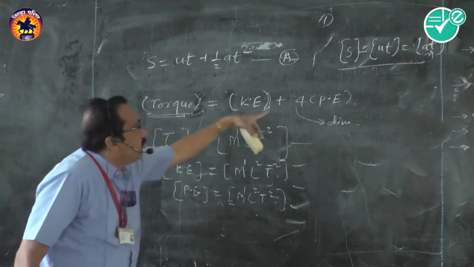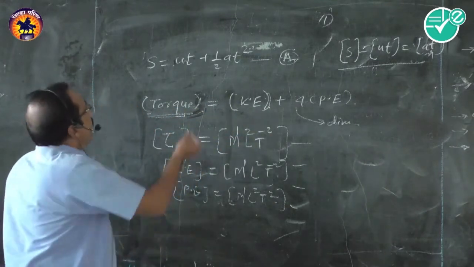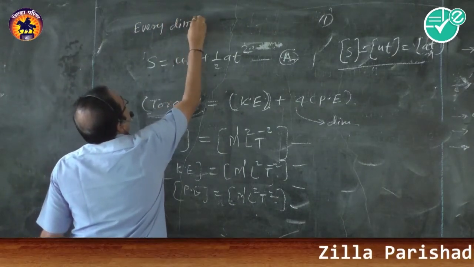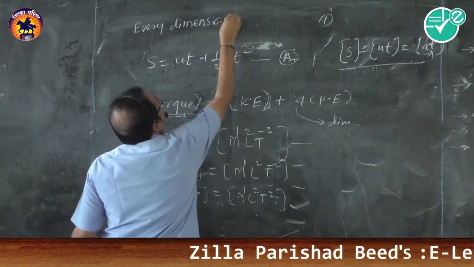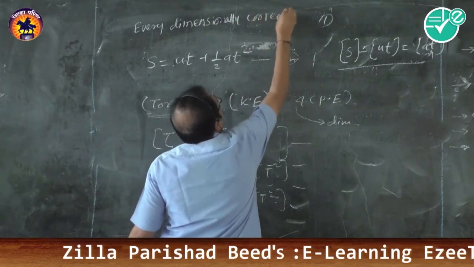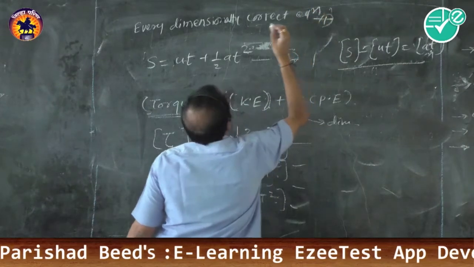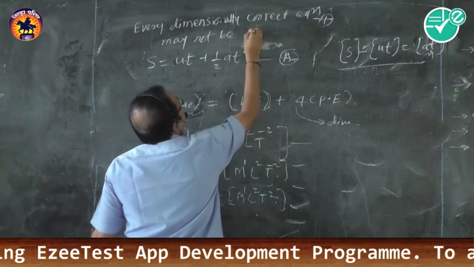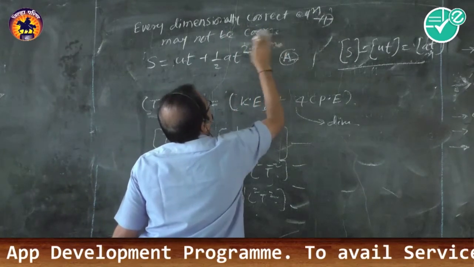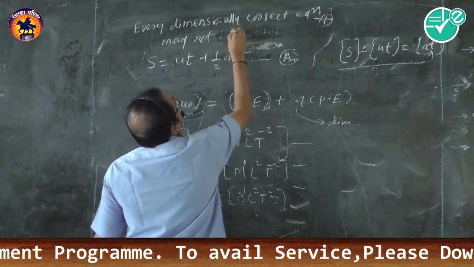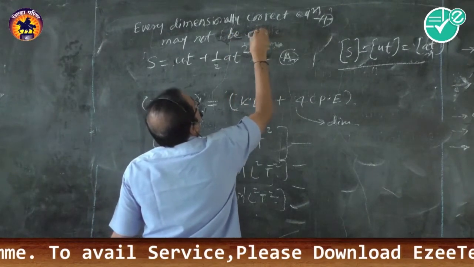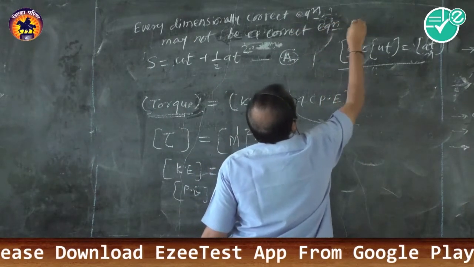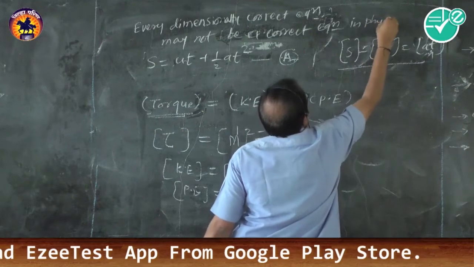But whether it is a correct equation in physics? No, not at all. So we can say that every dimensionally correct equation may not be a correct equation in physics, or may not be a physically correct equation.